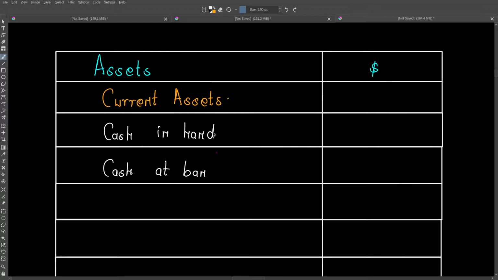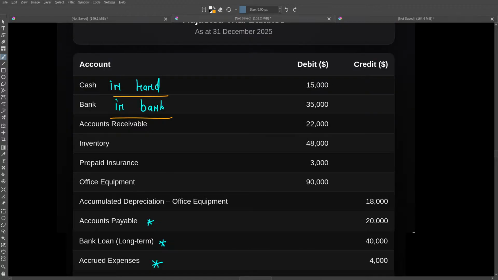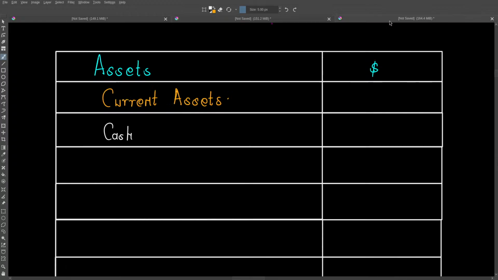So in our case, let us record cash, which is 15,000 plus 35,000. That gives us 50,000. So the cash balance as at 31st December 2025 is 50,000.